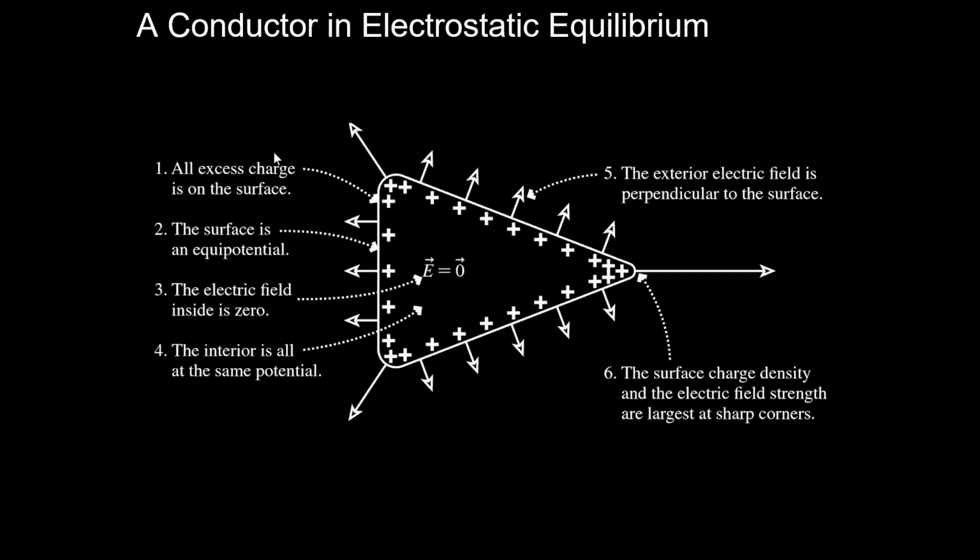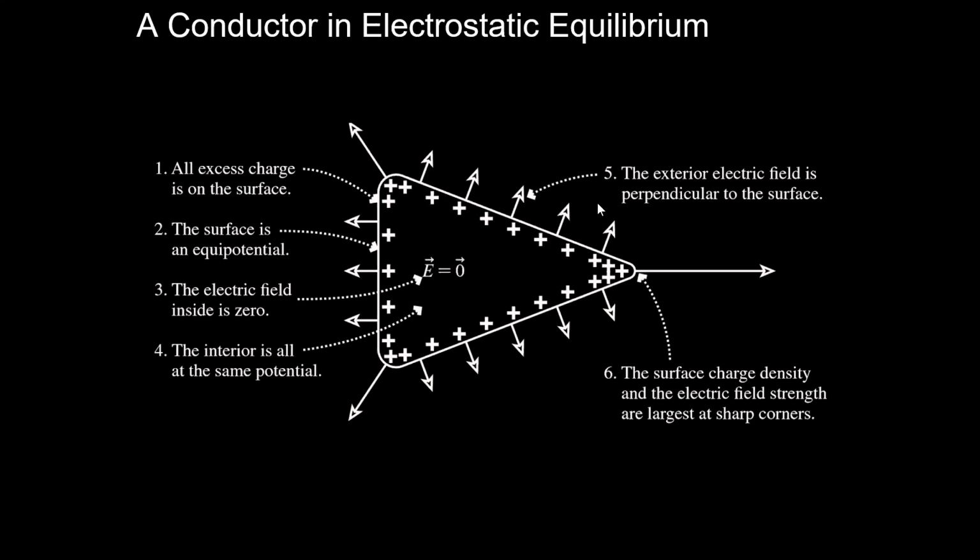The surface of a conductor is equipotential. That means the value of the potential is the same everywhere on that surface. Furthermore, it's actually the same potential as everything inside the interior of the conductor, because the field inside the conductor is 0. That's what point 3 says. Since the electric field inside the conductor is 0, that means the potential inside the conductor is the same as the potential on the surface.